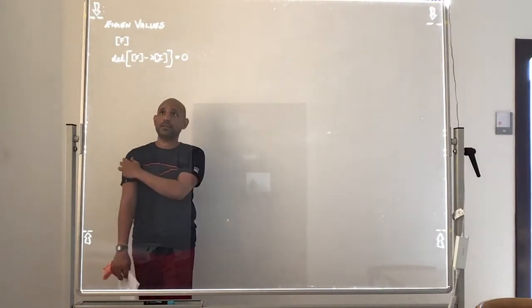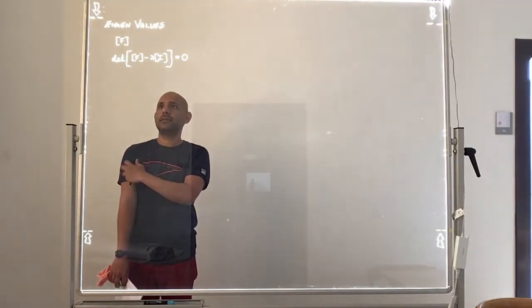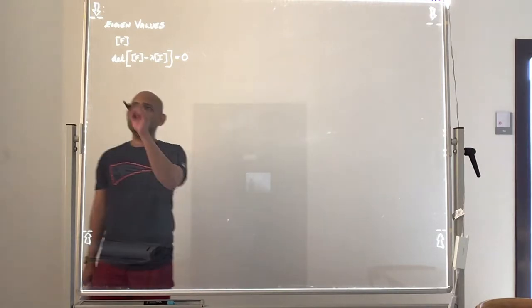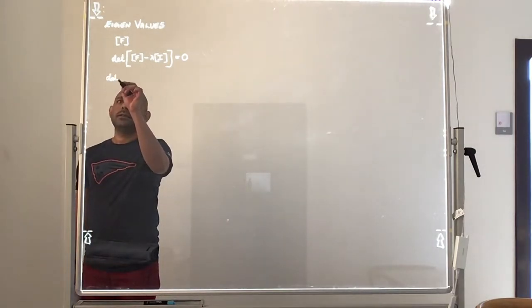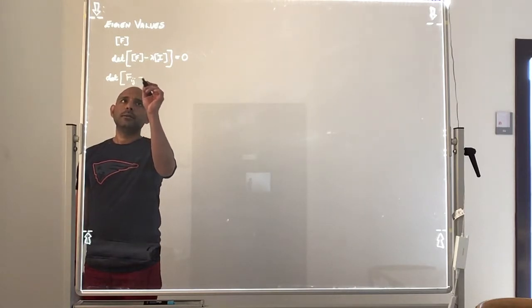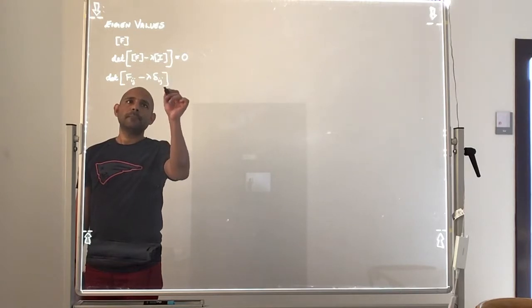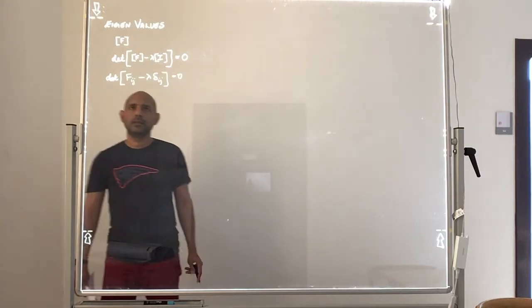If it's a 2D matrix, it's a quadratic equation, etc. In index notation, you would write it as determinant of Fij minus lambda delta ij is equal to 0. Okay?